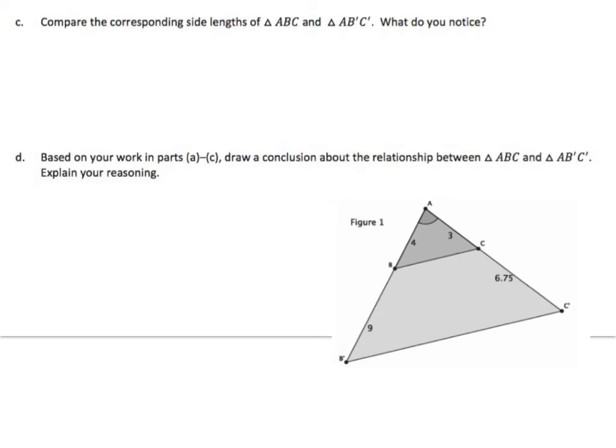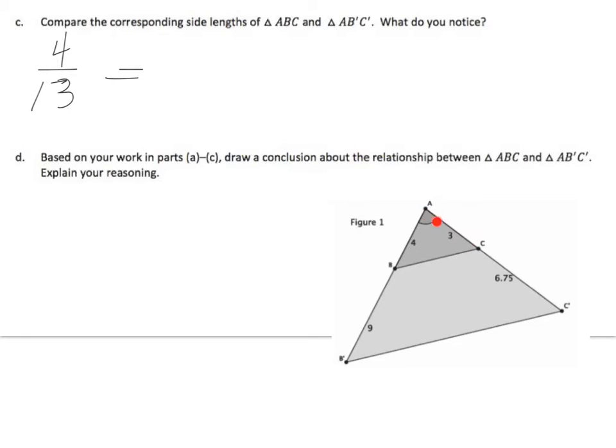All right, let's compare the corresponding side lengths of triangle ABC and triangle A B prime C prime. What do you notice? If I do the little triangle over the big triangle, that'd be 4 over 13. And let's check the other side.